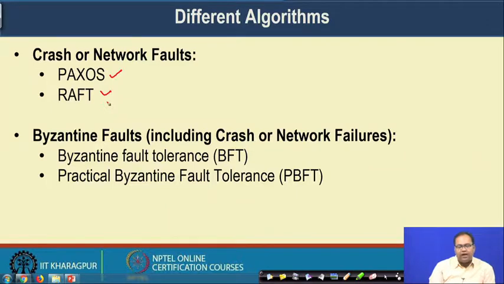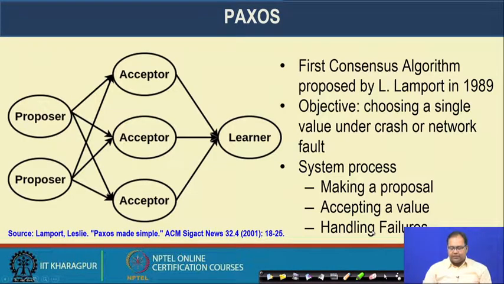To support Byzantine faults, we have algorithms like Byzantine fault tolerant or practical Byzantine fault tolerant (PBFT) algorithms, which support Byzantine faults in addition to crash or network faults. Initially we will look into Paxos and Raft in detail and then go to the Byzantine fault tolerant algorithms. So, let us go to Paxos.